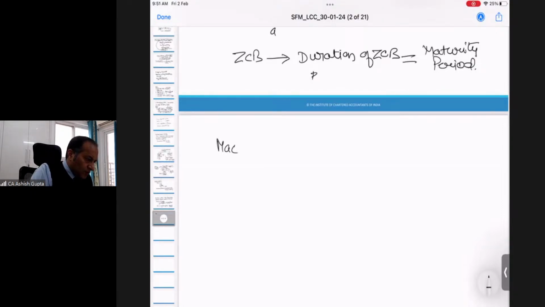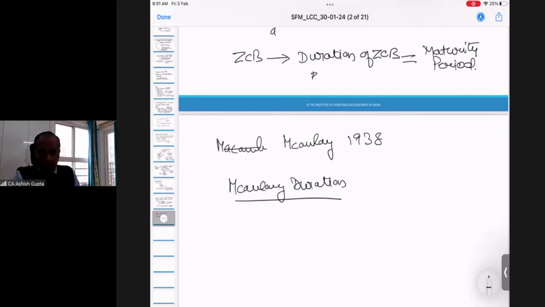One second, Macaulay spelling. I think its spelling is Macaulay, in 1938. So accordingly, somewhere you can see Macaulay duration. It is also called Macaulay duration. Both are the same thing.